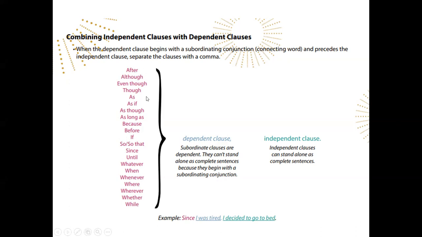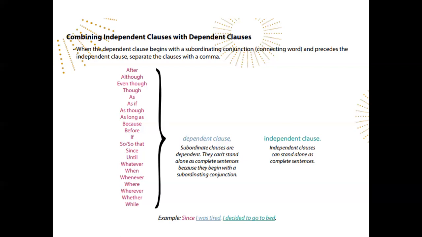So if we have these, for example, after is a subordinating conjunction. So we do not need to use comma or semicolon, but just add the dependent clause.